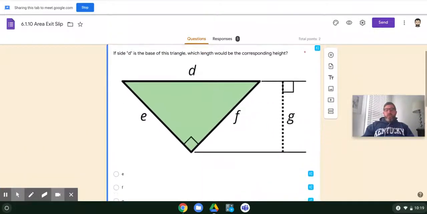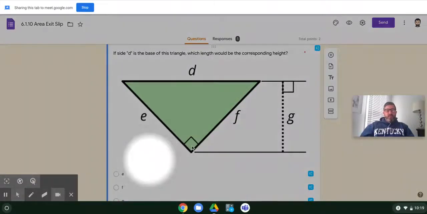If we know that our base is D, we know how to find the height. We have to draw a perpendicular line from the base to the opposite corner, or the opposite vertex, which in this case is here. Let me turn my spotlight on.